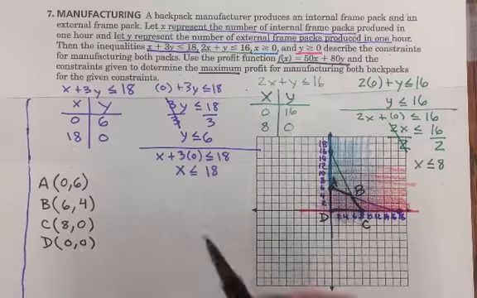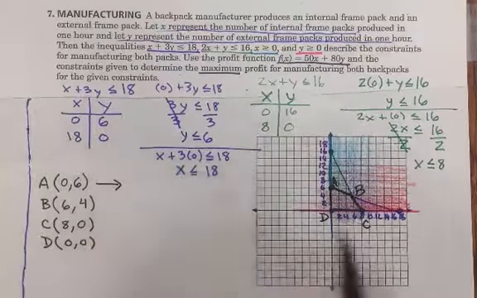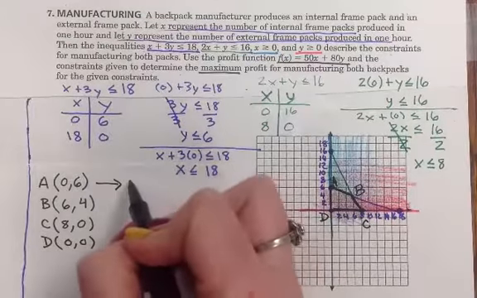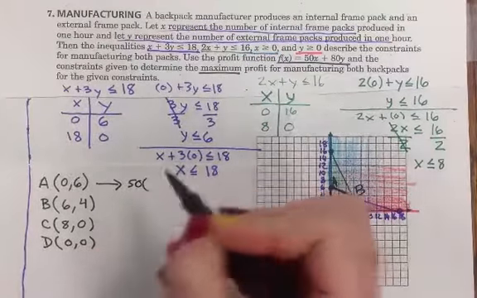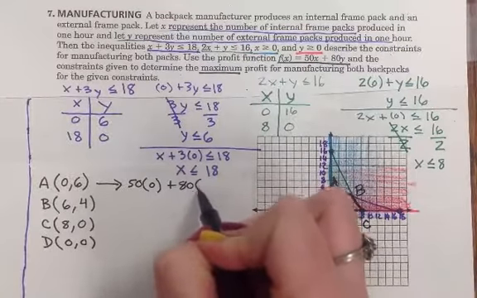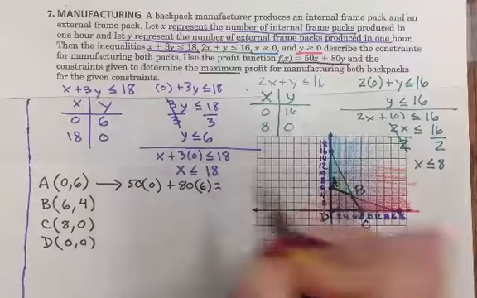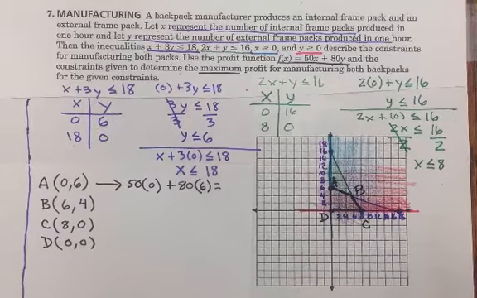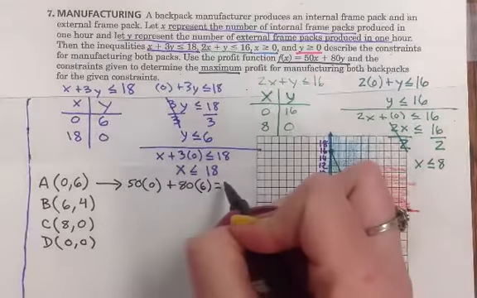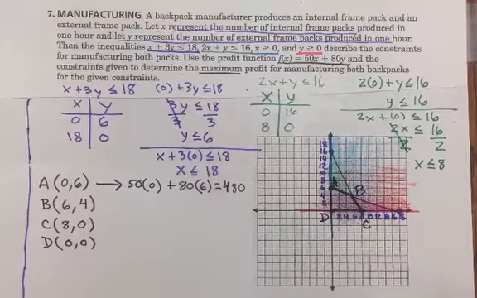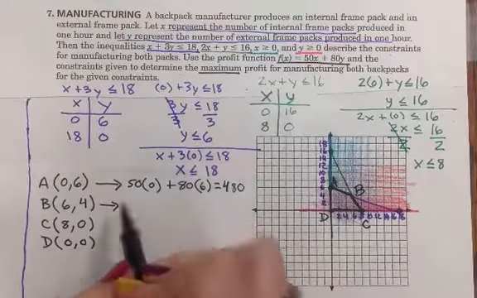So let's go ahead and plug in point A. So if I plug in 0, 6 for my x and y, I'm going to get 50 multiplied by 0 plus 80 multiplied by 6. So 50 times 0 is 0, plus 80 times 6, which is 480. So 0 plus 480 is 480.